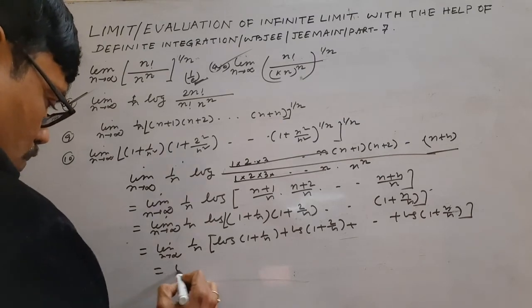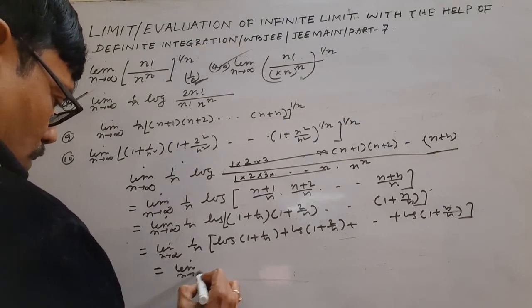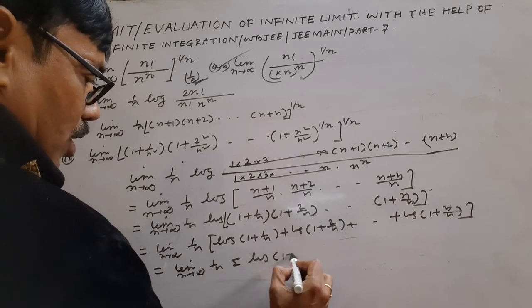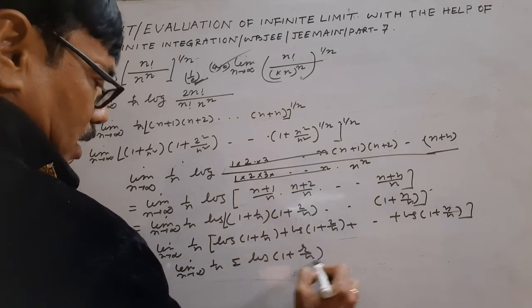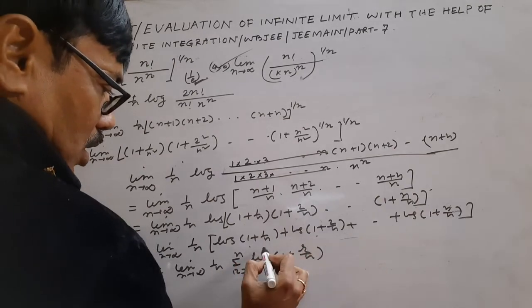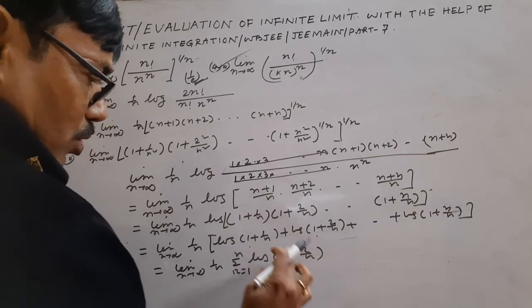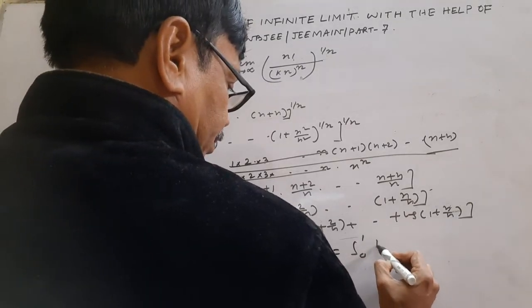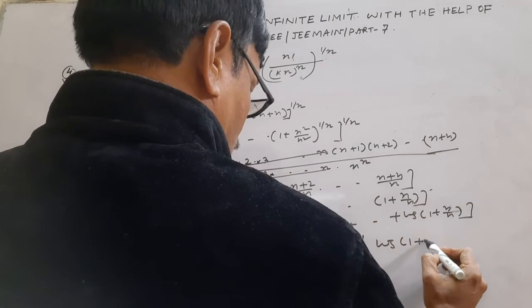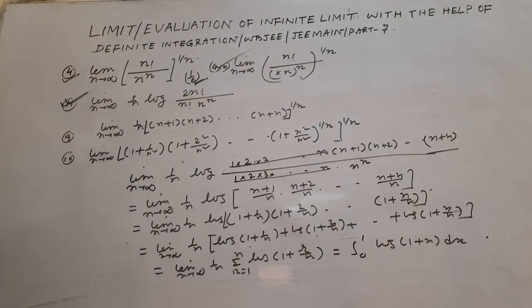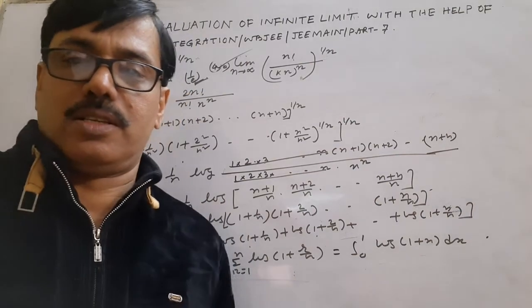Now try to express it in terms of summation. Log 1 plus r by n, r equals 1 to n. The 1 is unchanged, but r is changing, so this becomes integral 0 to 1 log 1 plus x dx.